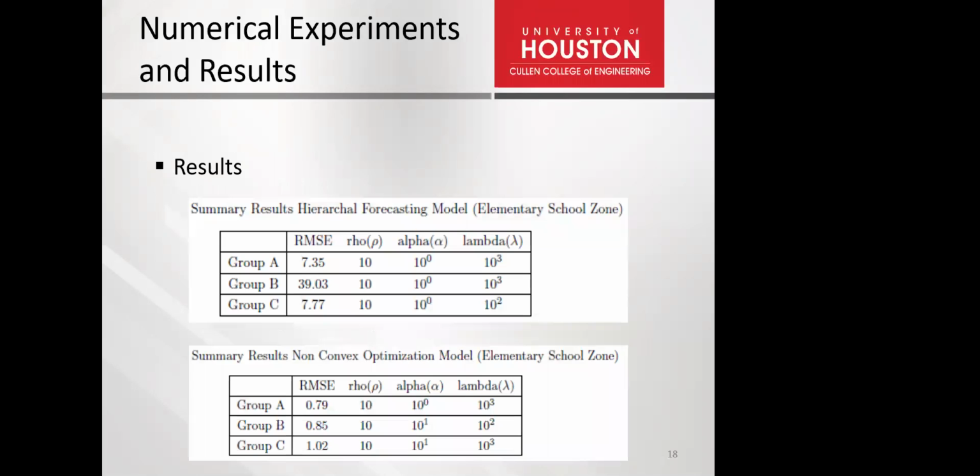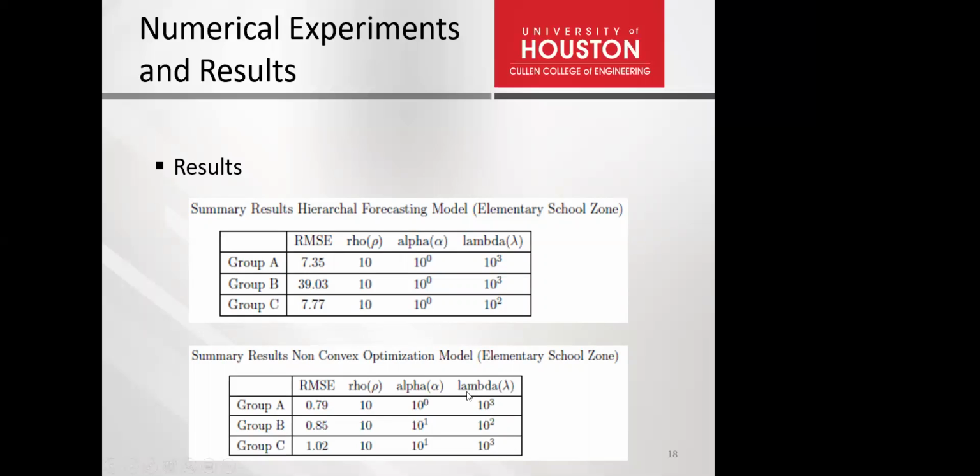If we look at the numerical results, we see that the hierarchical forecasting model doesn't give very good results. The reason is that since the interaction matrix is found in a different stage, it is unable to accurately map the demand between the census tract and school zone.